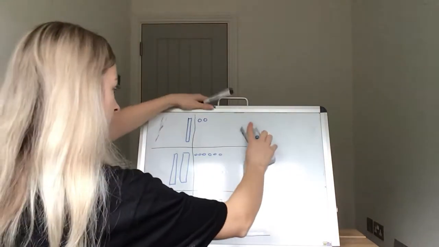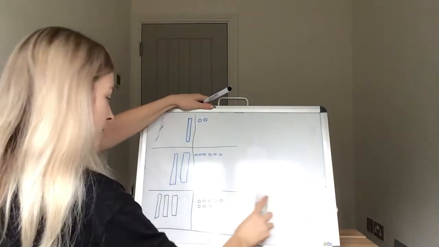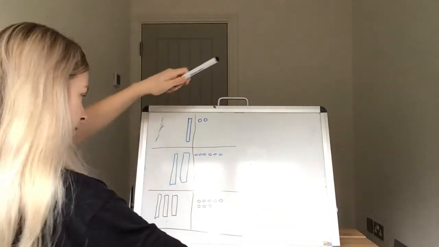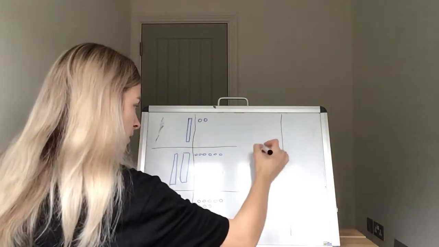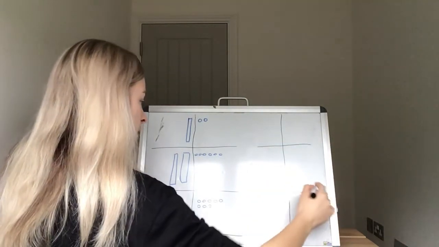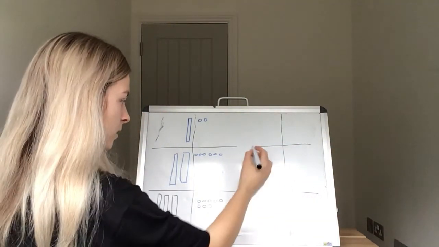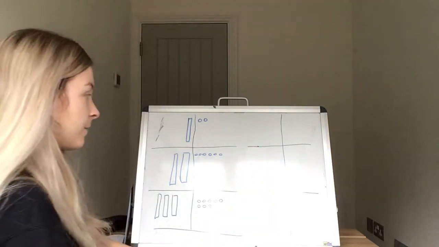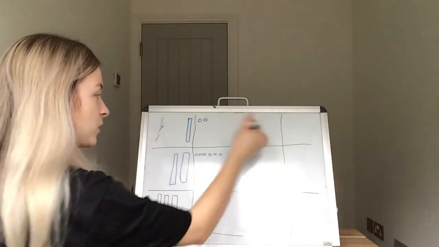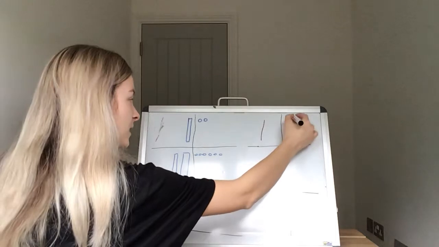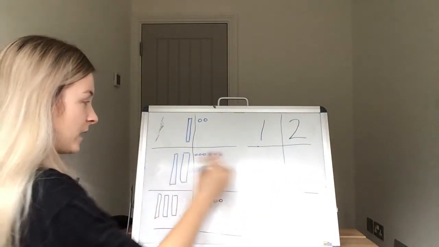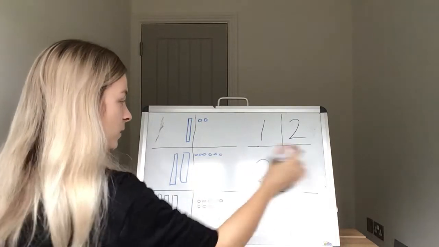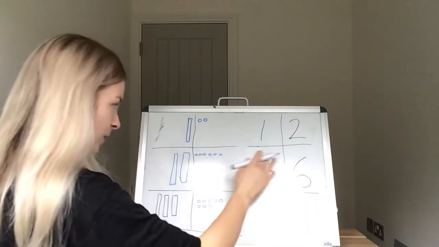Similarly, if you wanted to lay this out with numbers, let's do that on this side. So what did I have here? I had 12, so I'm putting my tens this side and my ones this side. And here I had 2 tens and 6 ones, 26.